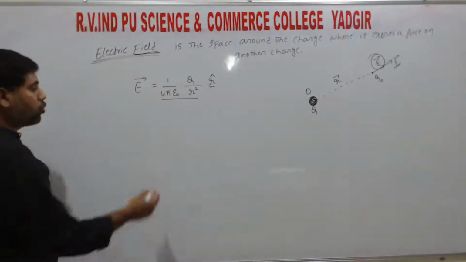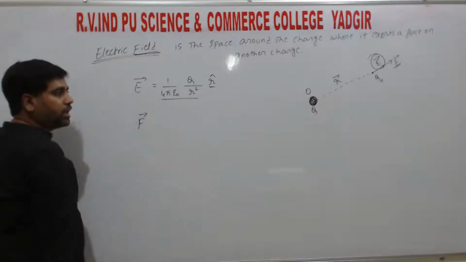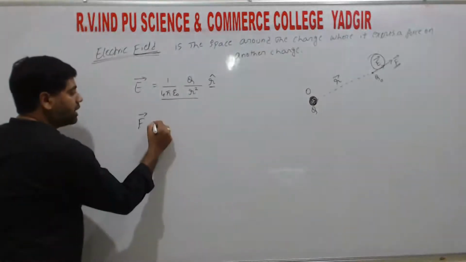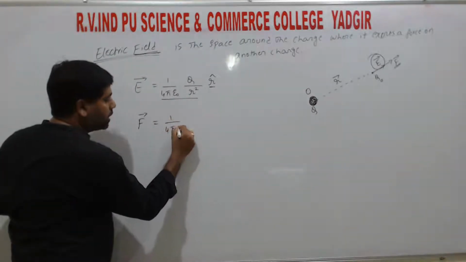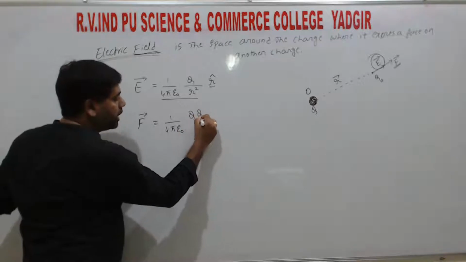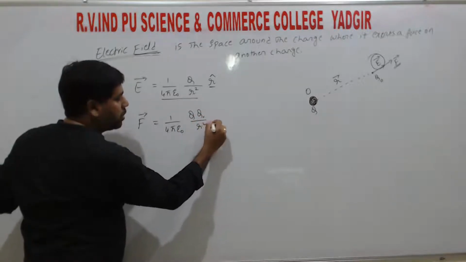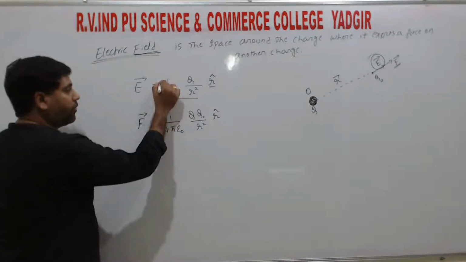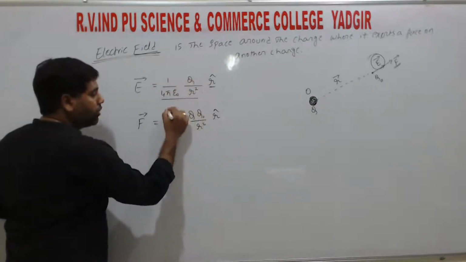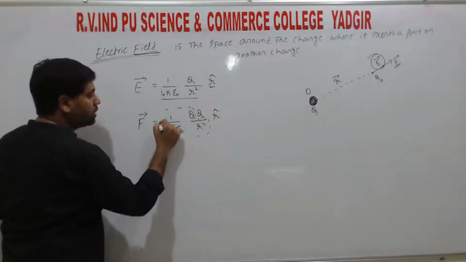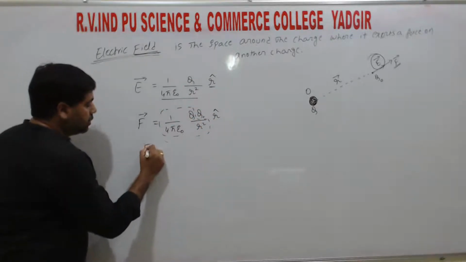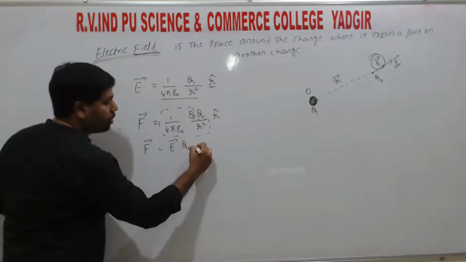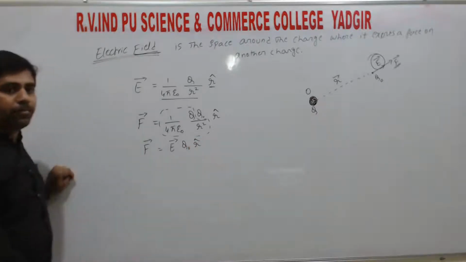Now from Coulomb's law we know the force exerted on the charge Q0 due to Q. We can write F equals 1 divided by 4 pi epsilon naught Q into Q0 divided by r square into r cap. As we know, the electric field is 1 divided by 4 pi epsilon naught Q divided by r square, so we can write F equals E into Q0 into r cap.